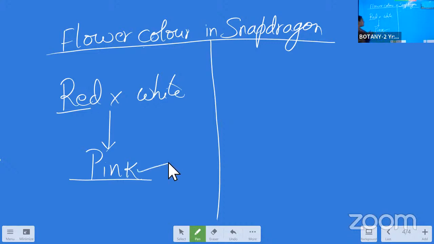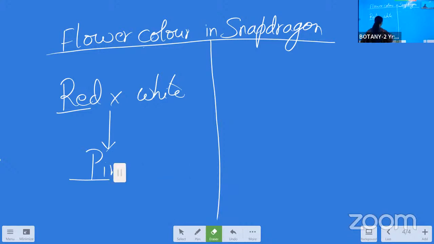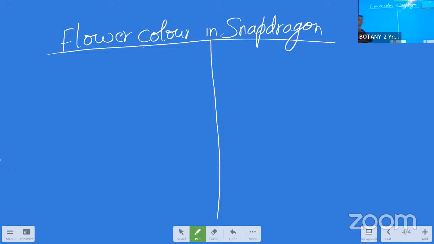So with this, how will Mendel's ratio change? That's what we have to see. With this, Mendel's monohybrid ratio, that is 3:1, is going to be changed into 1:2:1. So how can this be? Now see the representation.